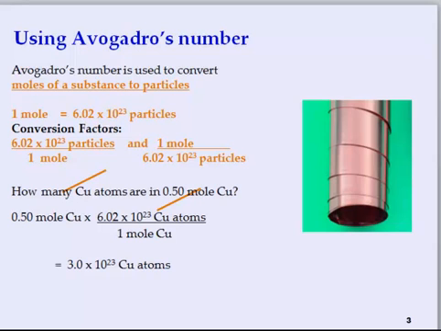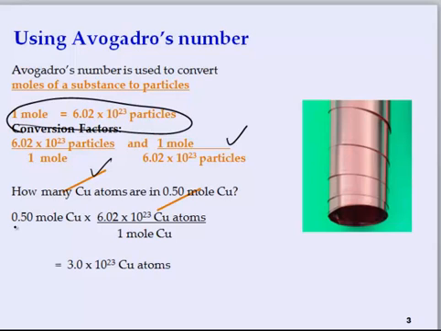Now, a mole can also be expressed as an equality. So here is your equality: a mole is 6.02 × 10^23. You can convert that into two conversion factors. We learned this back in the dimensional analysis chapter. So let's see how this problem is done. Up here, it reads: how many copper atoms are in 0.50 moles of copper?